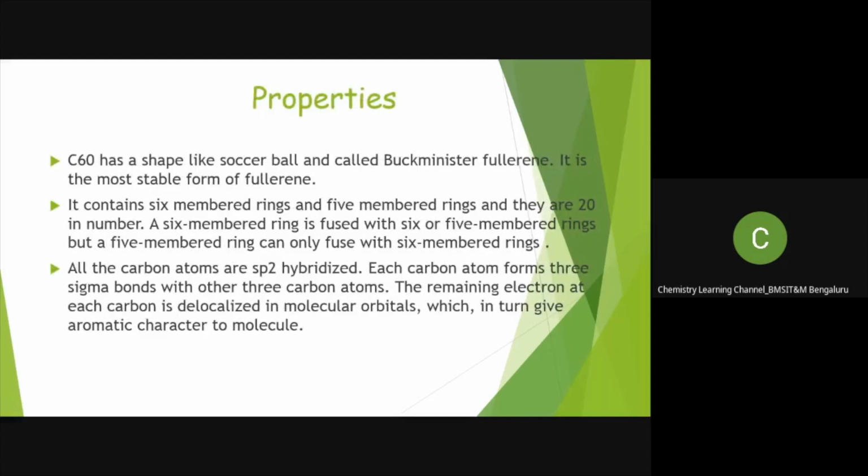A 6-membered ring can fuse with 6 or 5 membered rings, but 5-membered rings can only fuse with 6-membered rings. So all carbon atoms are sp2 hybridized, and each of these carbon atoms forms 3 sigma bonds with other 3 carbon atoms. So the remaining electron gives the aromatic character to the molecule.